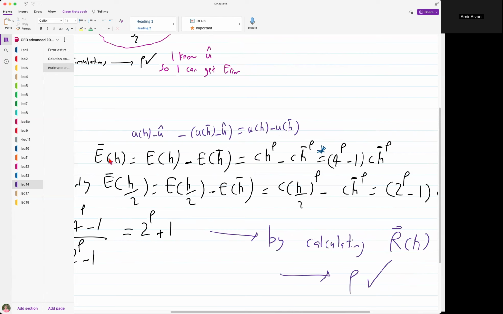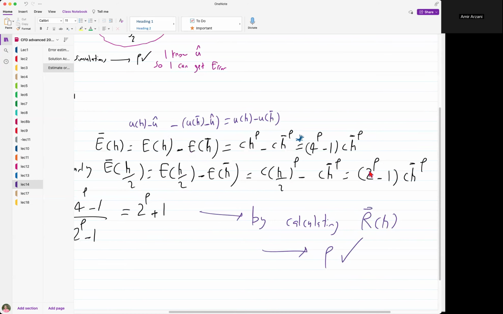So basically, this e bar is the error of mesh edge size h with respect to my finest simulation h bar, which was h over 4 in this case. Okay, so now I can write each of these errors. This is c h to the power p minus c h bar to the power p. And h bar is h over 4, so I can plug that in here. And this is the expression that I get.